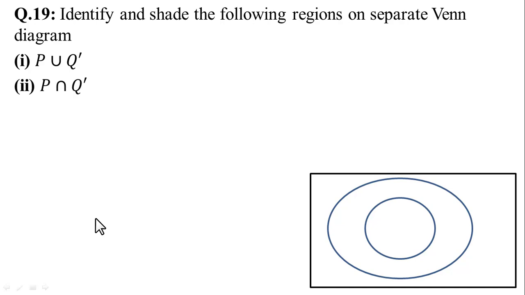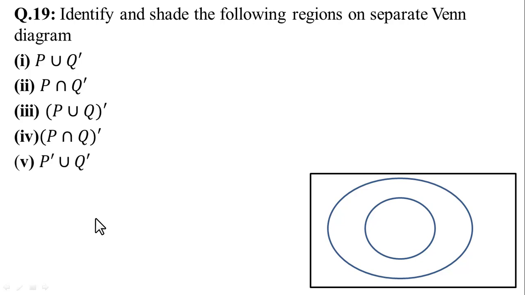Similarly, in the second part, P intersection Q prime, and third part, P union Q whole prime, and fourth part, P intersection Q prime, and next part, P prime union Q prime. In all parts we can show the Venn diagram and shade the regions in different colors.